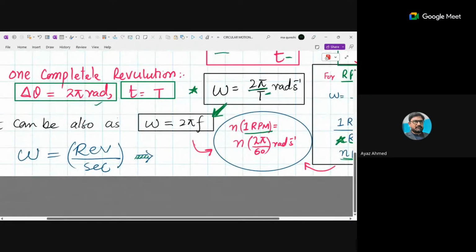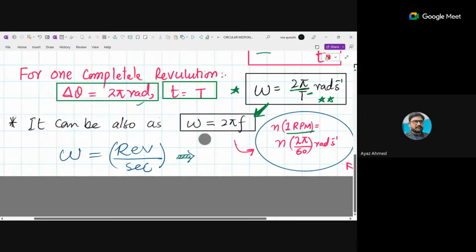That's why omega equals 2 pi by T. This is a very important equation for you. It has a long existence in your syllabus. For example, it will be asked in the gravitation topic, in the oscillation topic, and in waves. This equation, omega equals 2 pi by T, is basically used there.